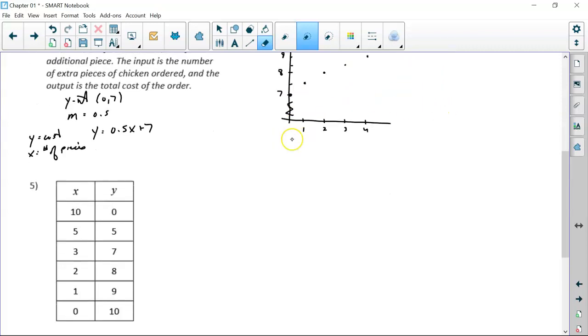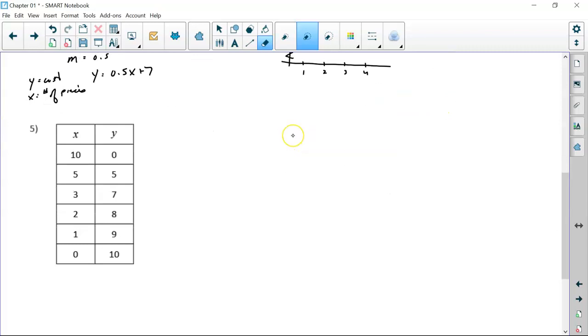Number 5. We have our points. Now there is no context to these points whatsoever. And because there's no context, it's going to be continuous right away.